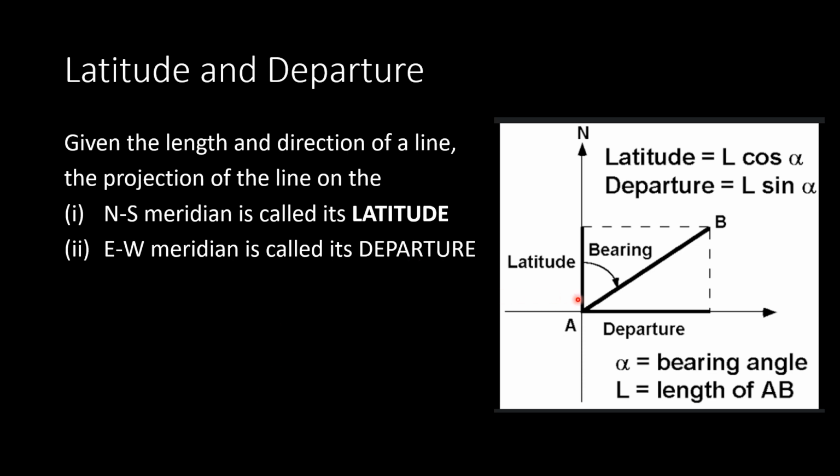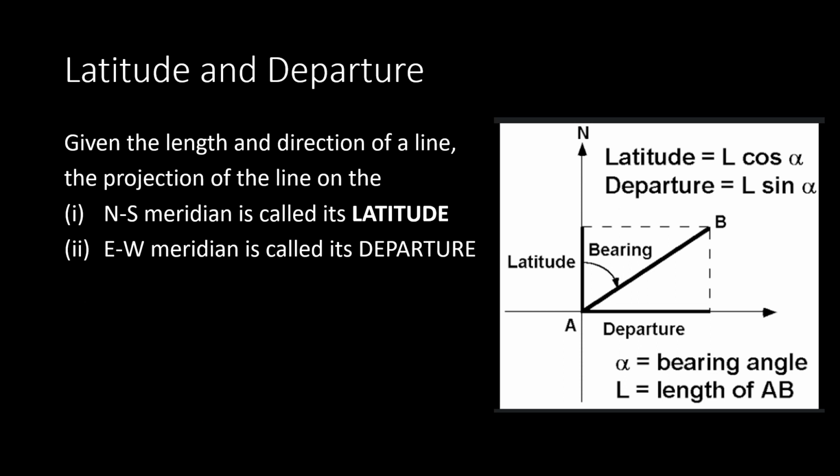So given a traverse line AB, whose length and direction are given, the projection of this line onto the north-south meridian is called its latitude, and its projection on the east-west parallel meridian is called its departure.